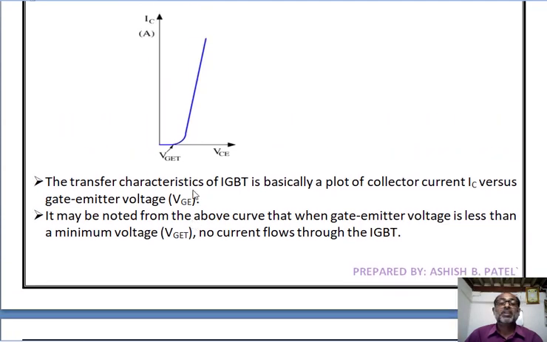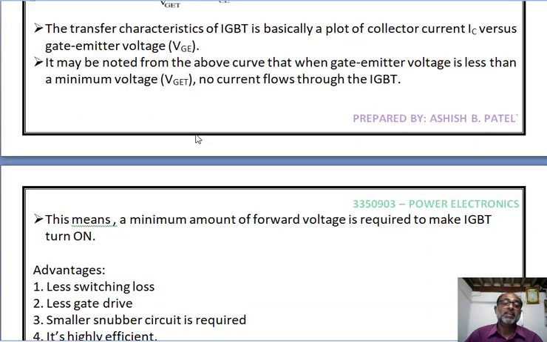But when we give a gate emitter voltage greater than its threshold value, current starts to flow, that means collector current starts to flow through the device.